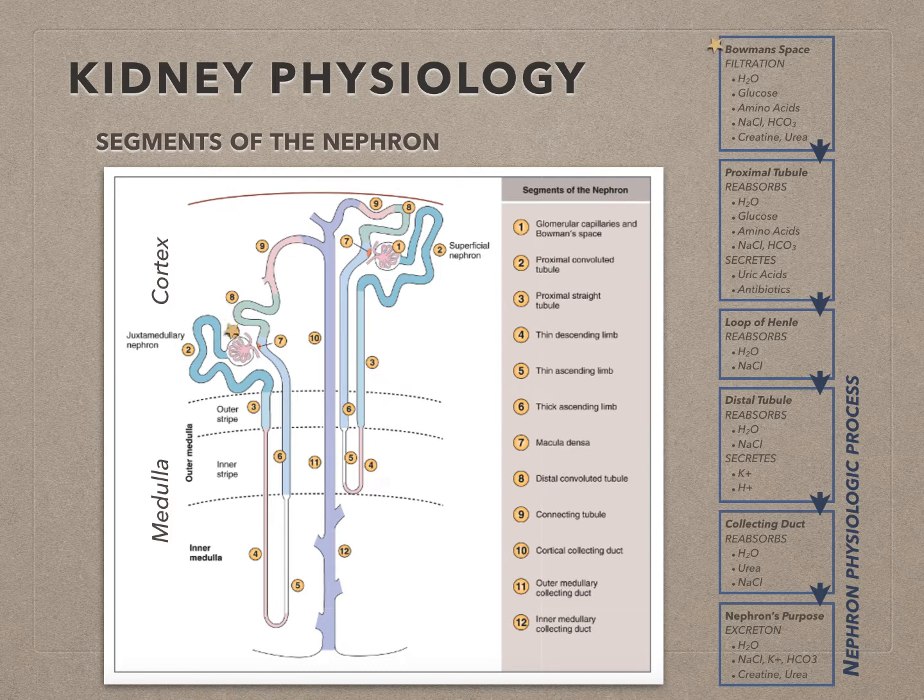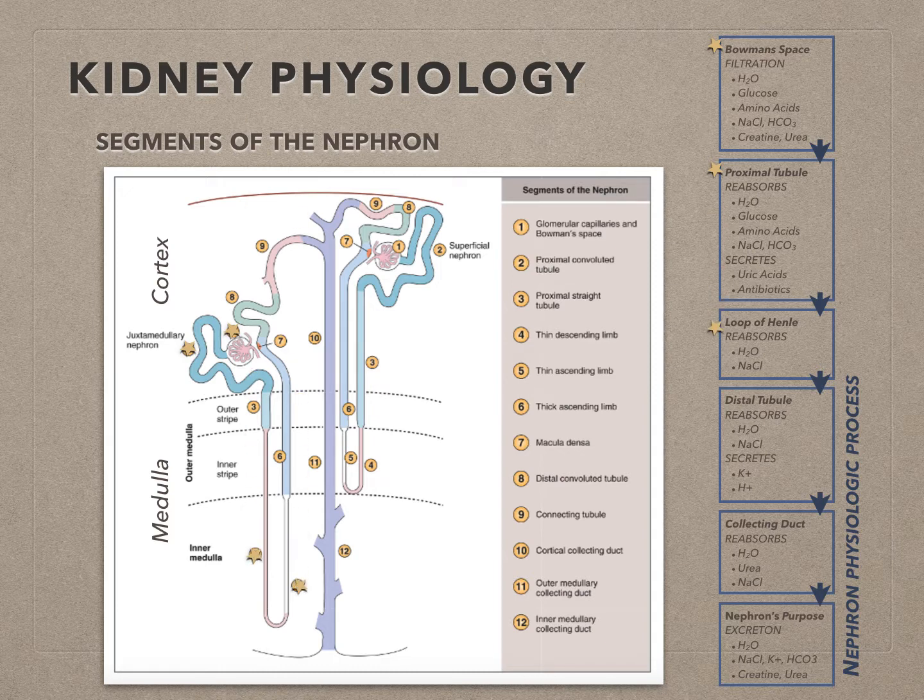Filtration begins in Bowman's space, and in the proximal convoluted tubule, important elements are reabsorbed, and uric acid and other organic acids are secreted to become urine. As the fluid travels to the loop of Henle, water and salt are absorbed.